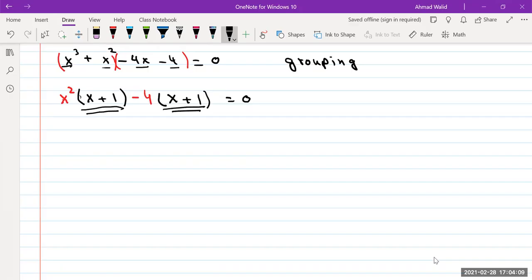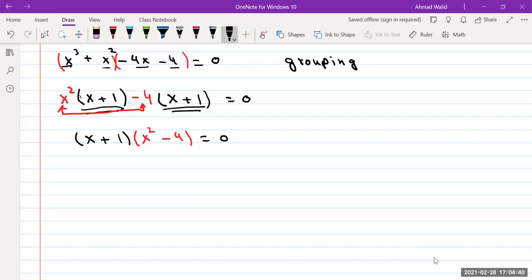You just take one of them, which is x plus 1, and the other two terms that you took common, which I use the red color here, which is x squared minus 4, you put in another parentheses, x squared minus 4. Here you go. You factor that polynomial. We call this process the GCF factoring.